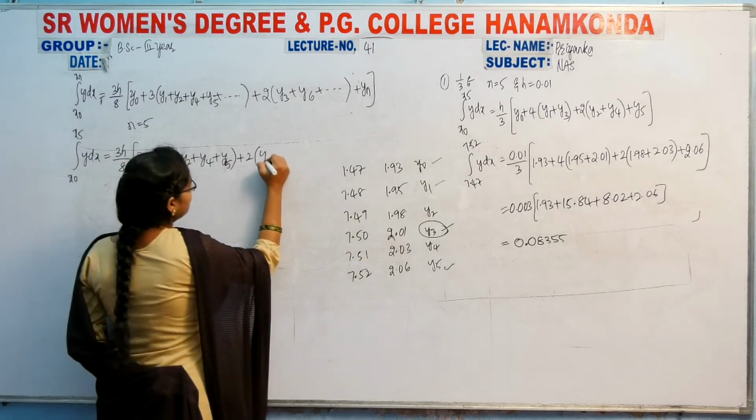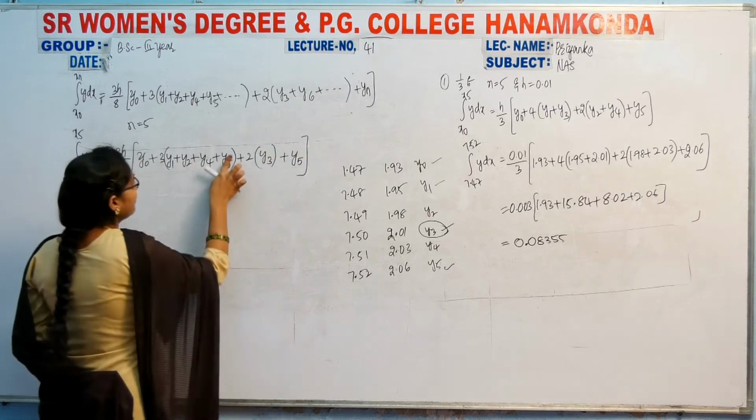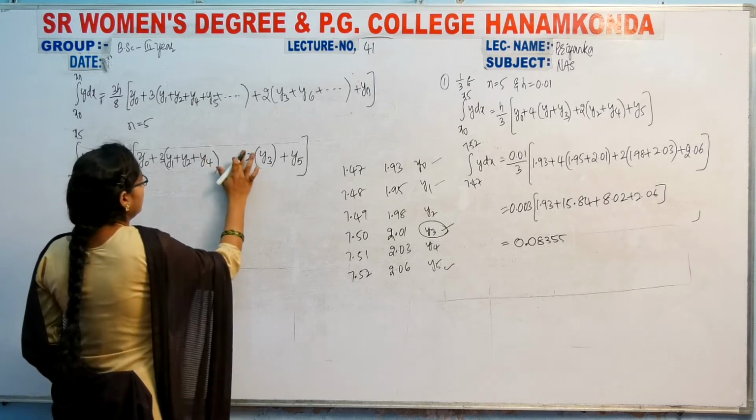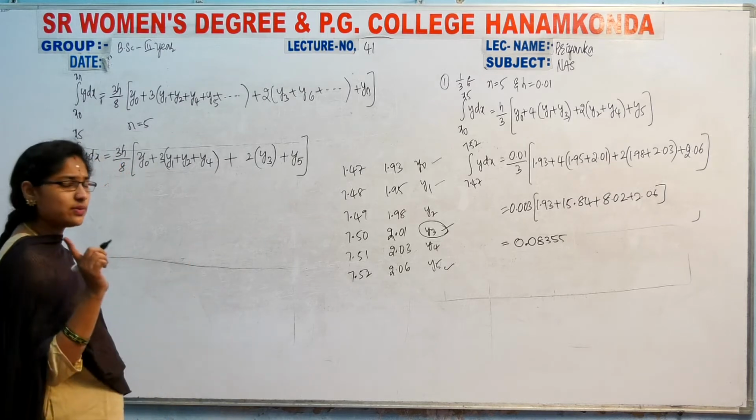Only we have one value, that is 2y3 plus yn means y5. Here 5 should not come, remember that, because the yn value will be lost as an individual value.